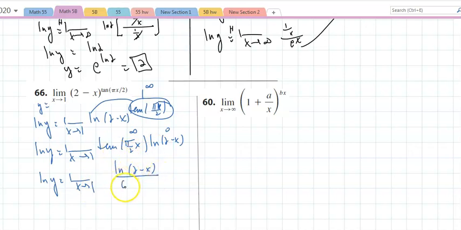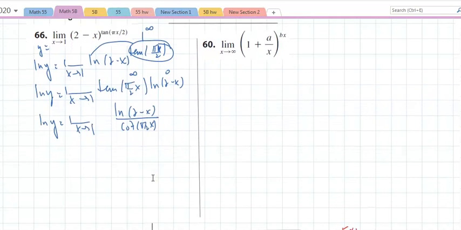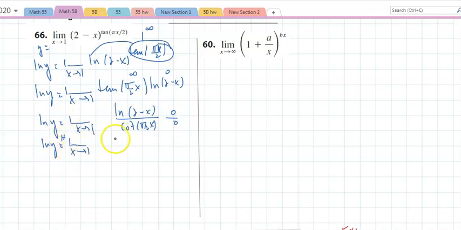1 over tangent is the cotangent, and now this is 0 and this is 0. Natural log of y equals, by L'Hopital, the limit as x approaches 1: derivative of the top, 1 over 2 minus x times negative 1, over the derivative of cotangent, which is negative cosecant squared of pi over 2x times pi over 2.